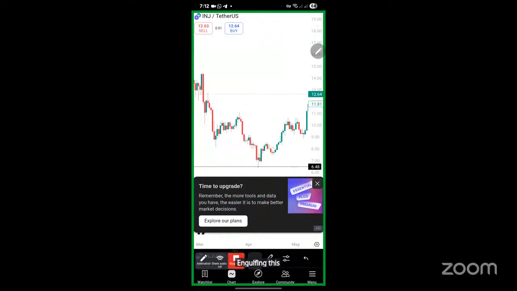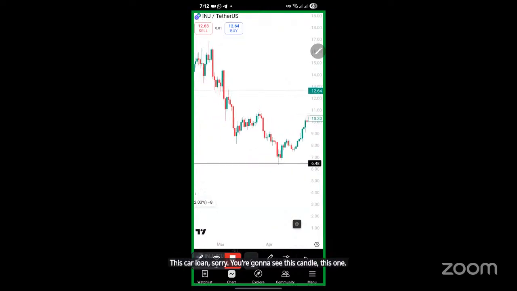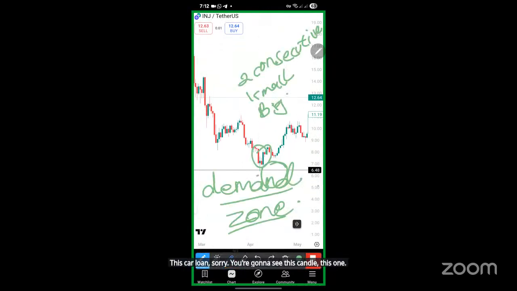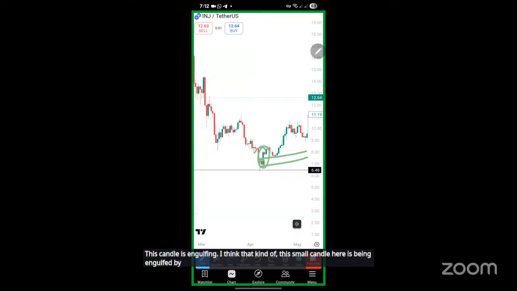For example, you can see this candle here. Are you seeing that candle? This small candle is being engulfed by the big candle.